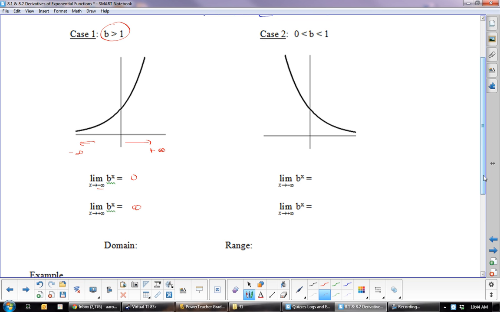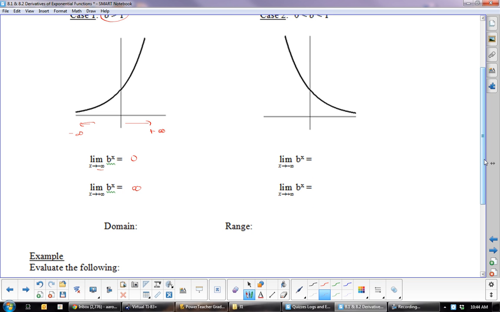But when you have a fraction where the top is smaller than the bottom, which is called a proper fraction, or a decimal like 0.8, less than 1, you will get basically a reflection on the y-axis. And that will have kind of opposite limits, because as we go to negative infinity, this graph goes to infinity, and as we go to positive infinity, this goes to 0.